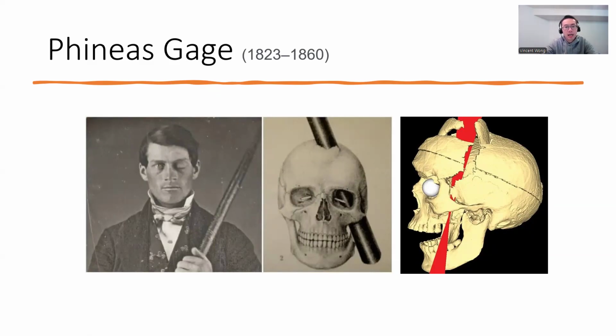But one day there was an accident, an explosion that caused one of these metal rods to shoot up his face. And as you can see in this skull, it enters from just below his left eye, and then went right through and came out at the top of the head.